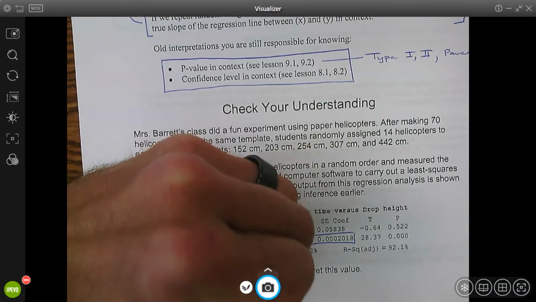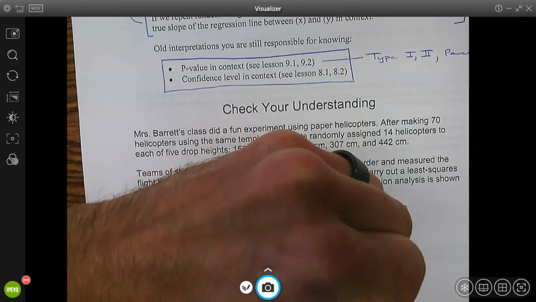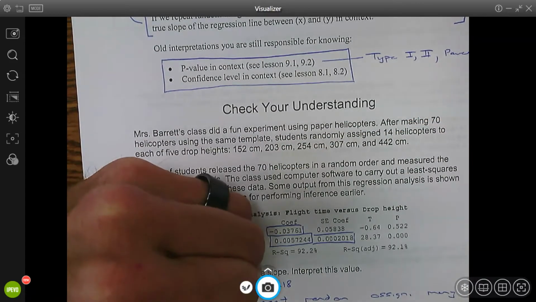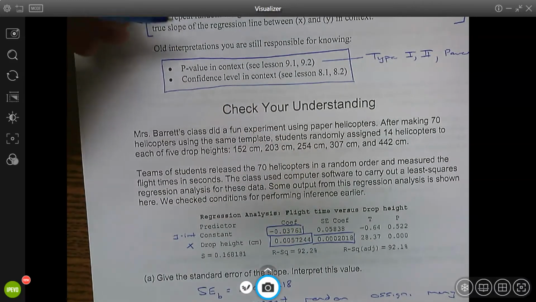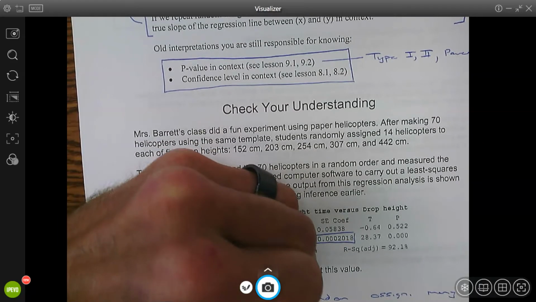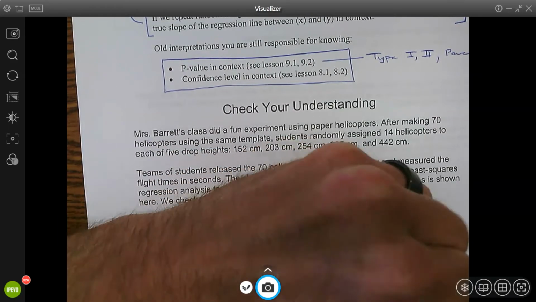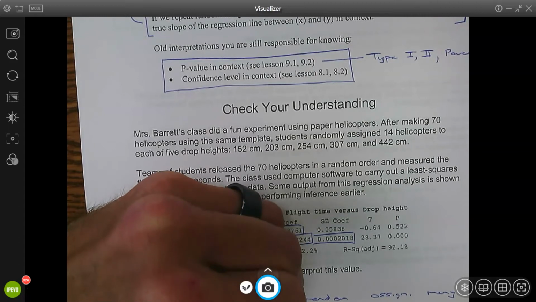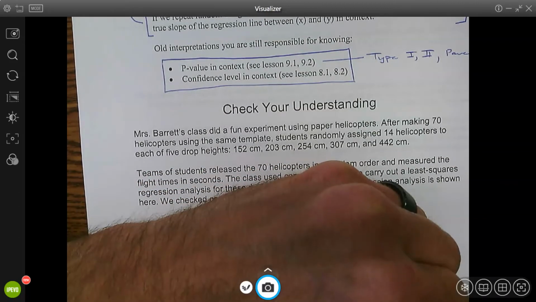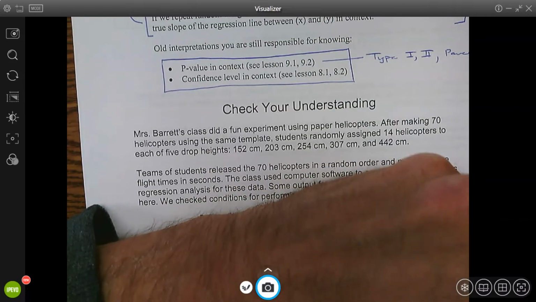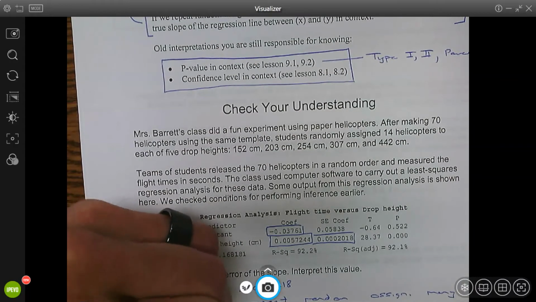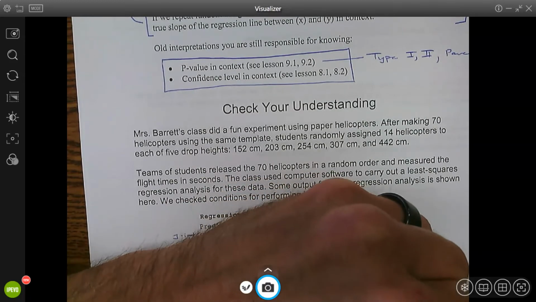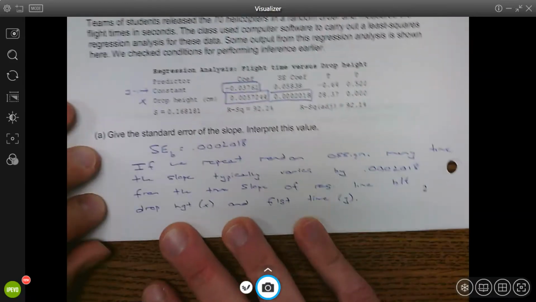So if we repeat the random assignment many times, the slope typically varies by 0.0002018 from the true slope of the regression line between, in this case, drop height and flight time. Oh, you can't see that, my apologies.